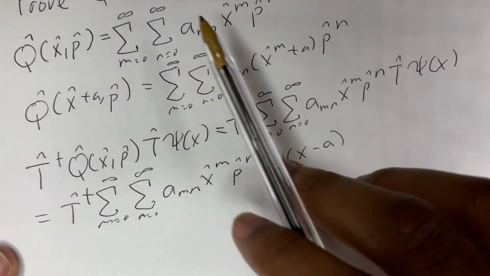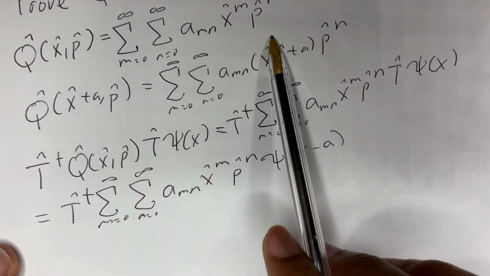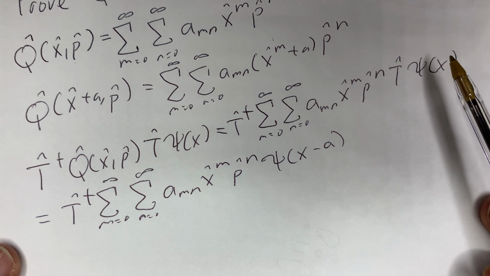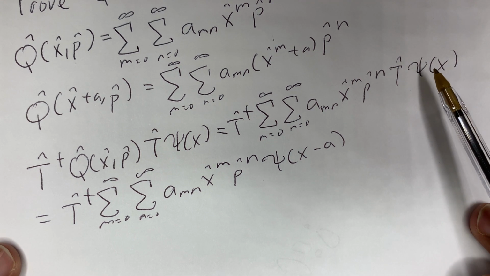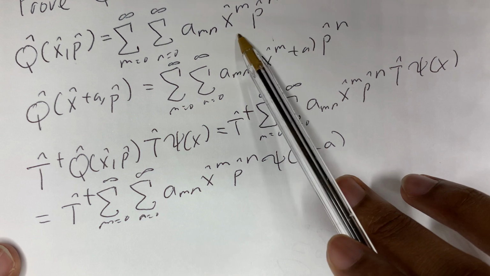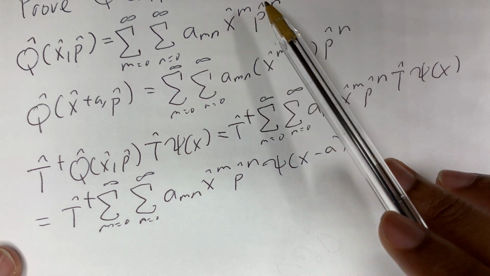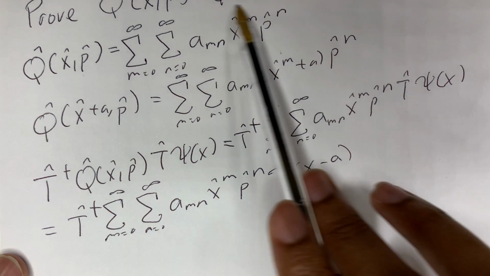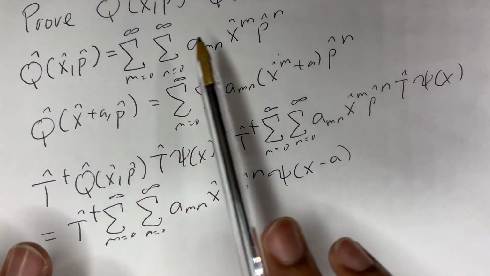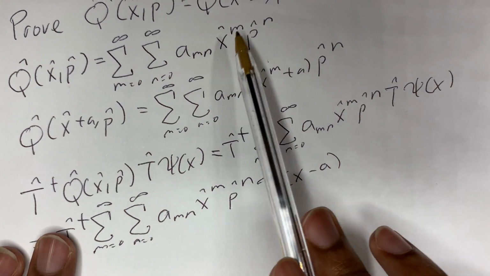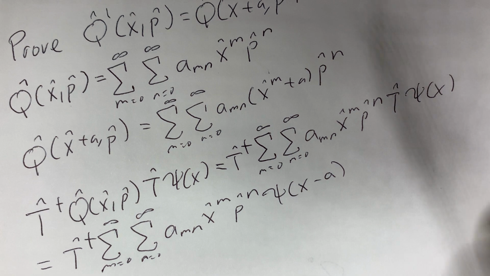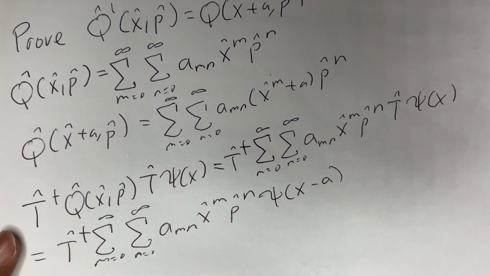I want to point something out real quick. You may be wondering why we're expanding it in this series. Well, remember that a general operator can be written as a combination of the position and momentum operators. So what we're doing here is we have a general operator and we're just writing it in terms of x hat and p hat, because we can do that with a general operator.